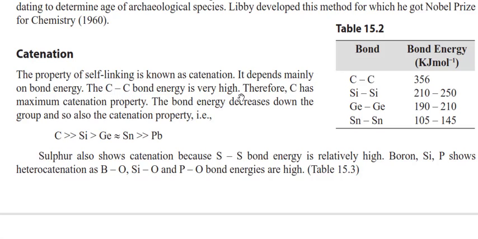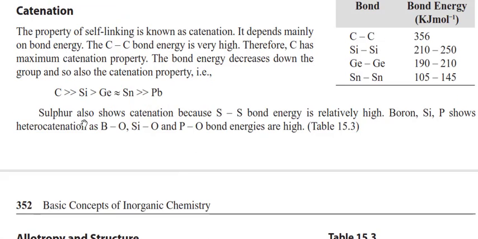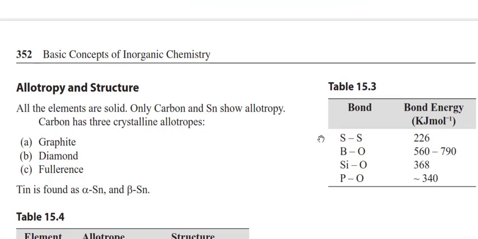Carbon-carbon bond energy is high, therefore carbon has the maximum catenation property, and bond energy decreases down the group, so the catenation property is like this. Sulfur shows catenation because the S-S bond energy is relatively high, and boron, silicon and phosphorus show heterocatenation, like B-O, Si-O and P-O, whose bond energies are high.